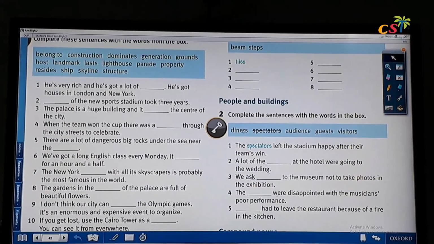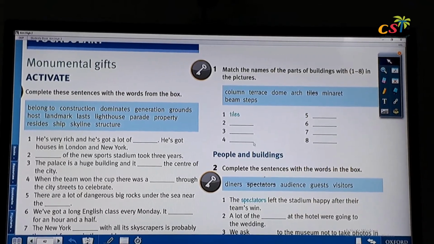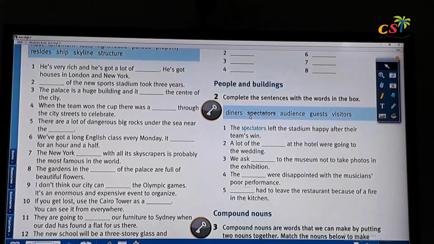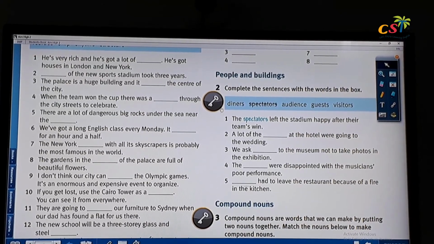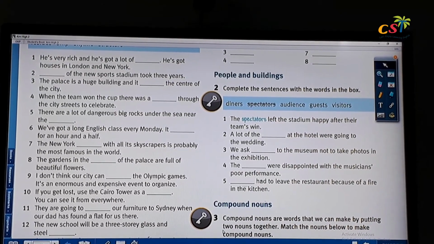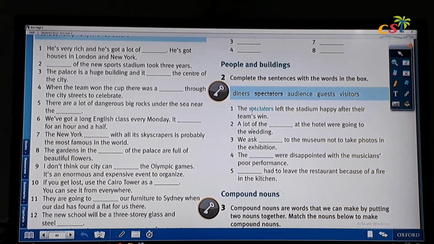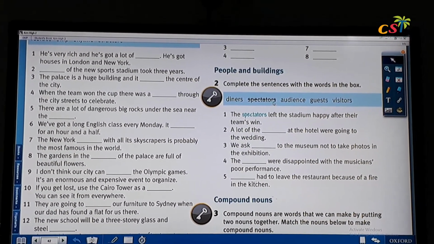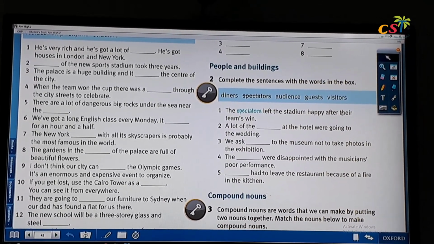Now, after you know all these words, we will learn the other lesson, which is about people and buildings. There are several names for people. There are diners, spectators, audience, guests, and visitors.